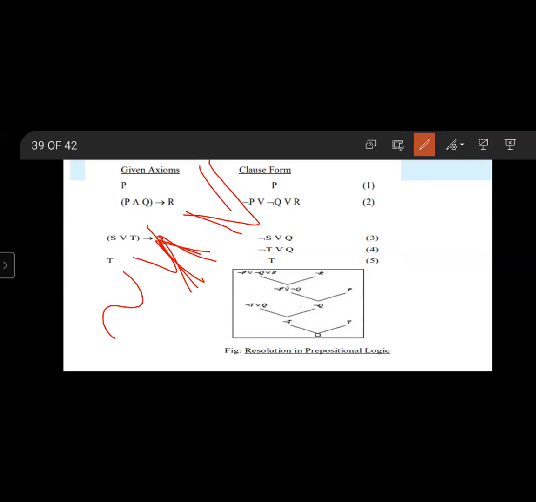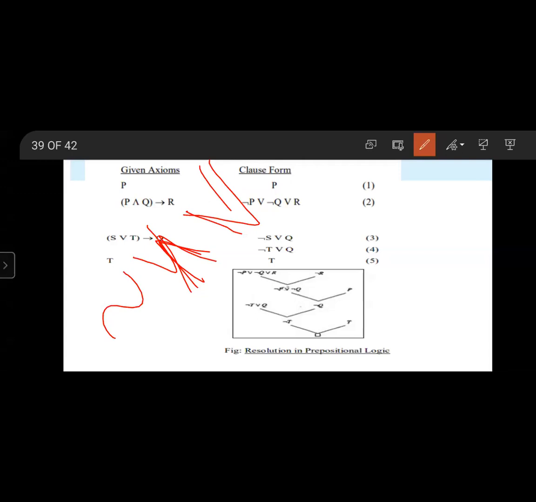Whereas in CNF, it is represented as a conjunction of disjunctions, that is, in the form L11 or L12 or so on or L1m, and so on, and Lp1 or Lp2 or so on or LpK, where all Lij are literals, positive or negative atoms.